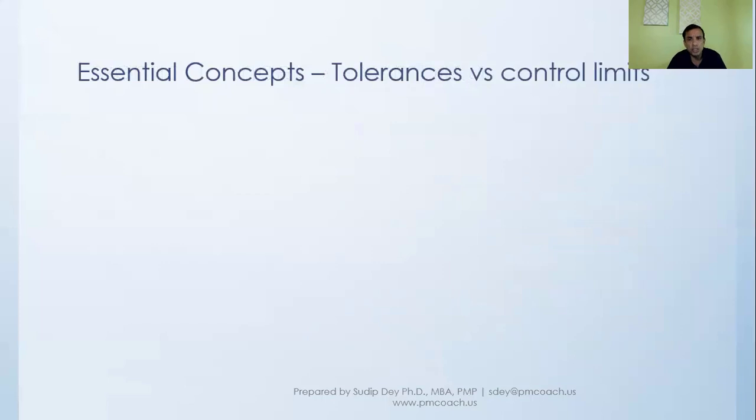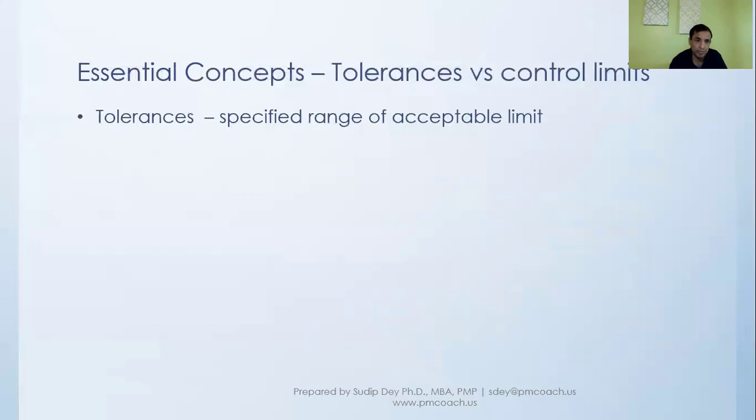Another concept or difference we need to understand is tolerance and control limits. Tolerance is the specified range of acceptable limit. Let's say you are manufacturing a pipe and it has to be 3 millimeter diameter.